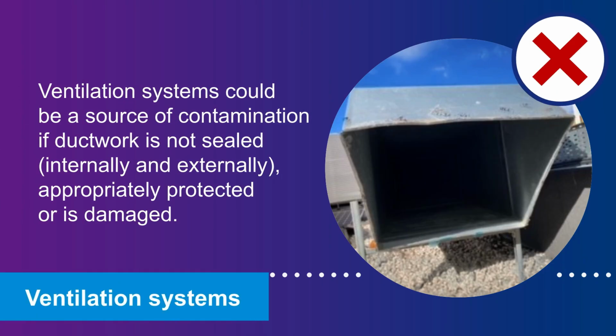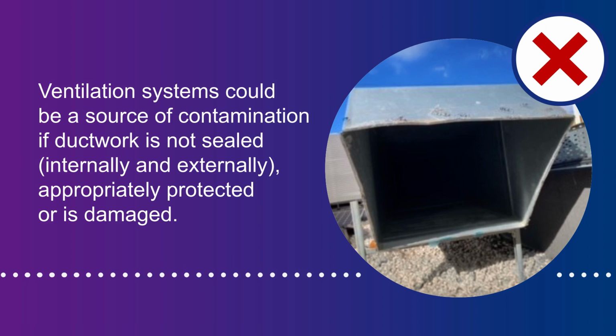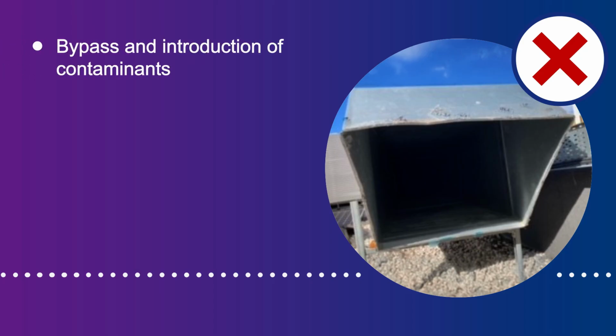Ventilation systems could be a source of contamination if ductwork is not sealed, internally and externally, appropriately protected, or is damaged. Unsealed or damaged ductwork may result in ineffective air filtration, which could lead to the introduction of contaminants that may then be distributed via the ventilation system, potentially exposing patients, staff, and visitors.